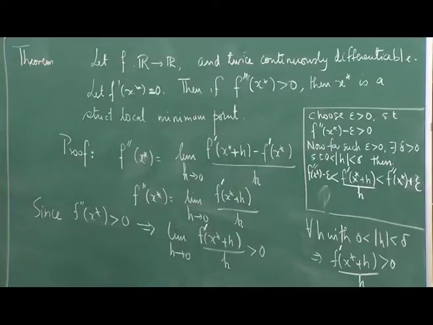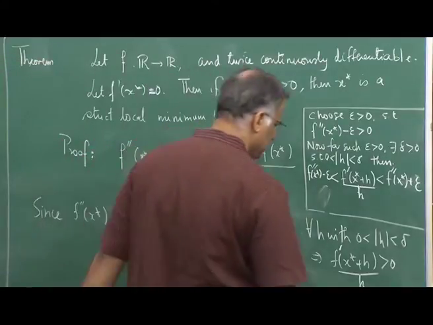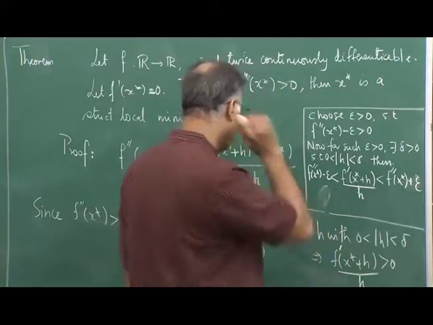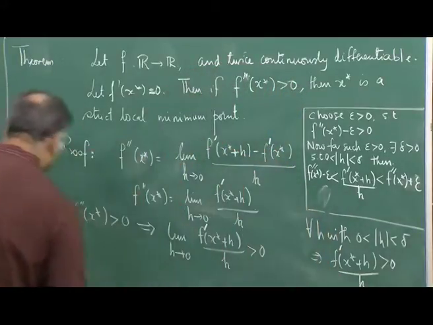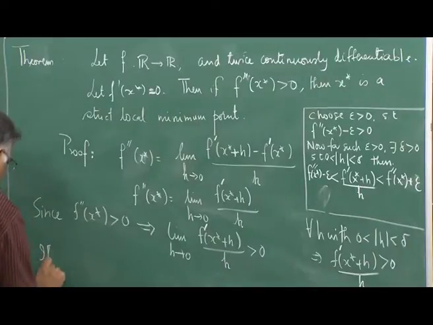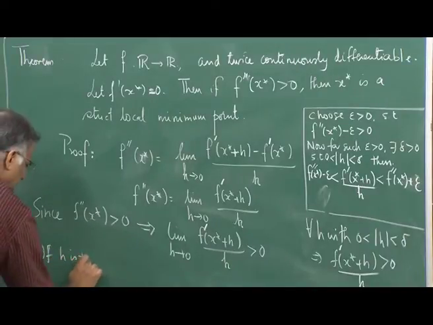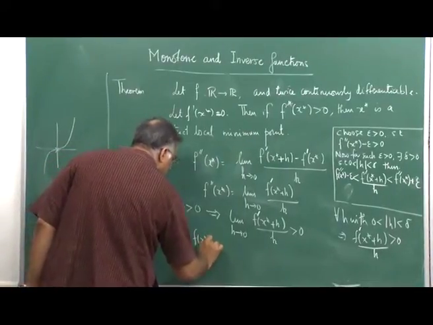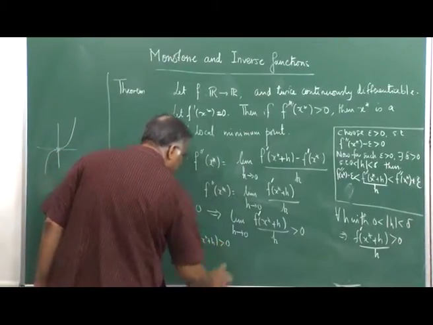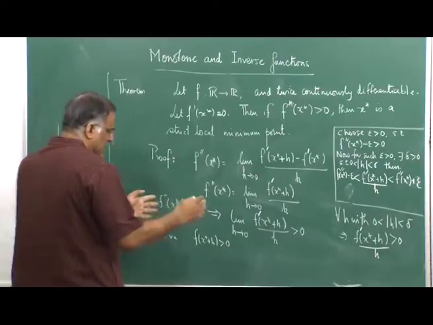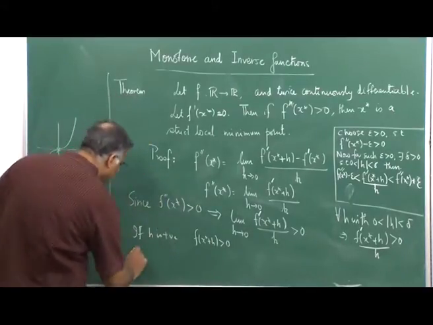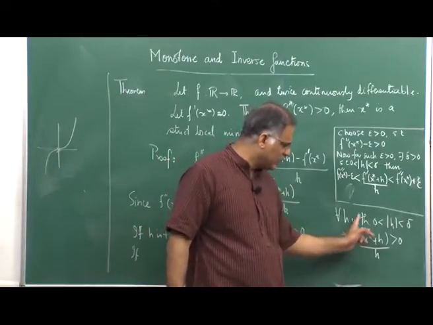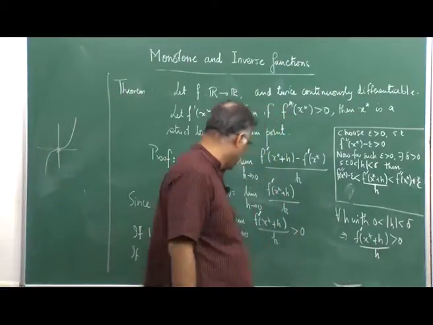So, if h is positive, I will have f dash of x star plus h strictly greater than 0 whenever h is less than delta. But if h is negative, I will multiply both sides by h because I want to cancel this h. I just want information about f dash of x star plus h.